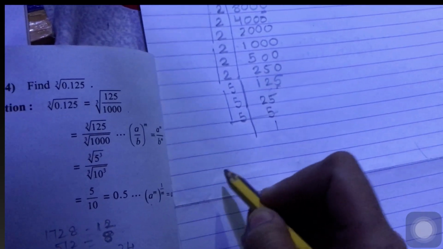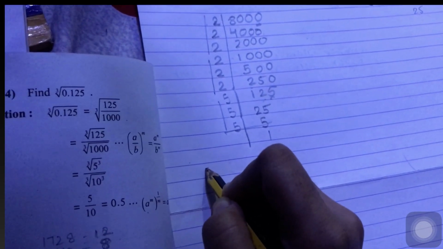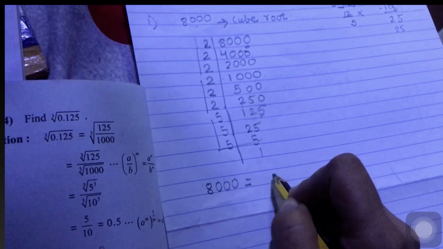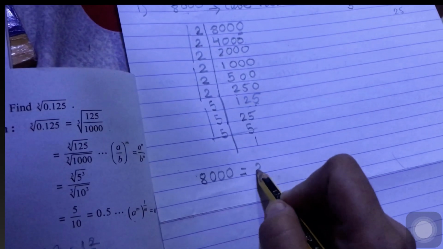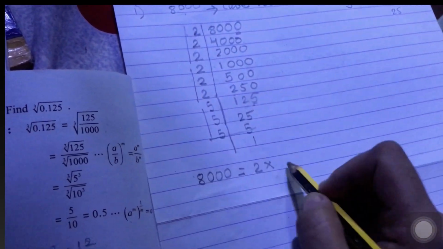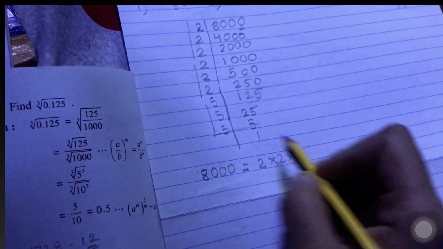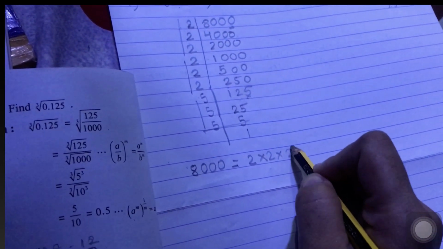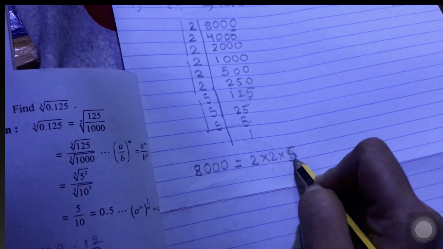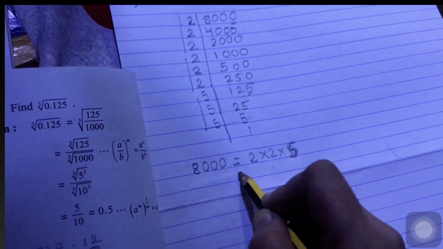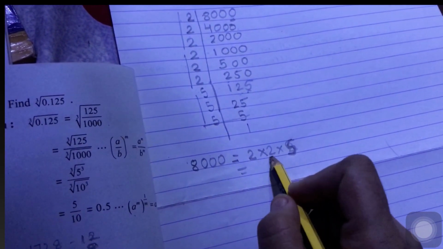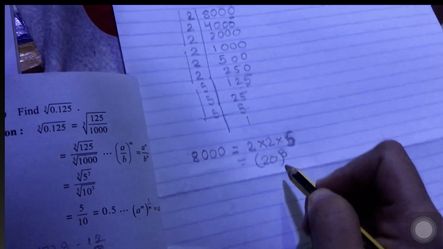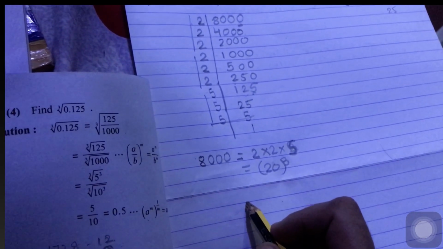So 8000 is equal to 2 into 2 into 2, again 2 into 2 into 2, and 5 into 5 into 5, here will be 5. So 2 2s are 4, 4 5s are 20. This is the cube of 20. Understood?